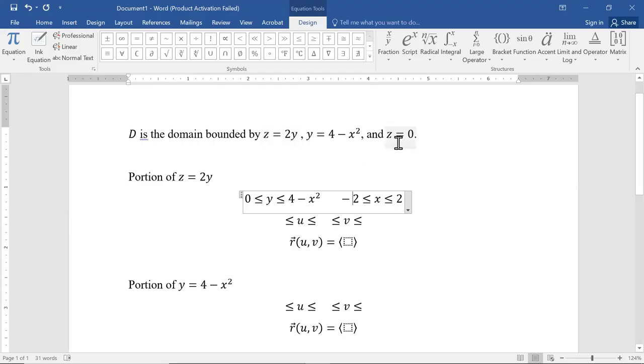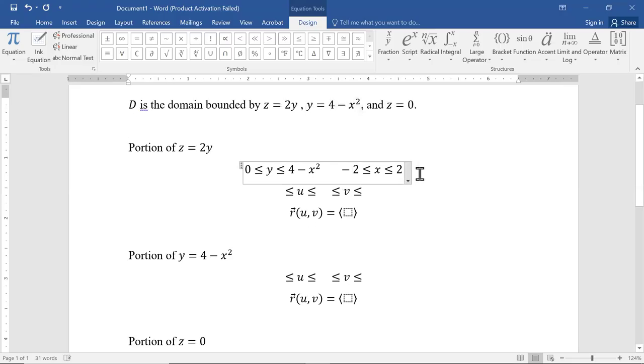So basically, if z goes from 0 to 2y, that means the lower bound had to be y equals 0, and the upper bound is obviously up to 4 minus x squared. And since all of these things need to be positive above 0, then the only way I get a positive value here is when x is between -2 and 2. So algebraically, I could have seen that as well in a fairly straightforward manner.